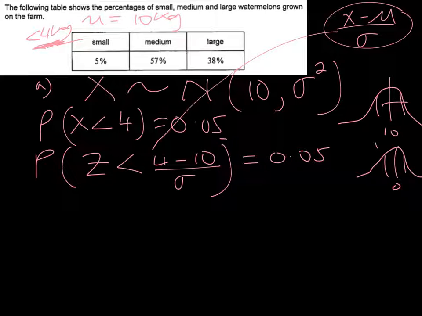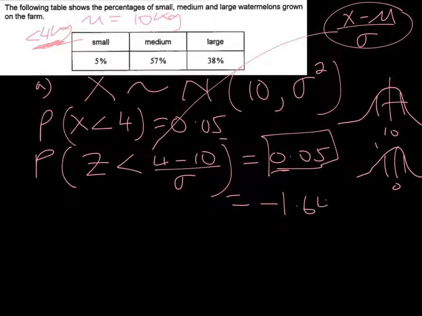Now with my calculator, I can find the inverse normal for 0.05, and that gives me a value of negative 1.645, which makes sense because the mean is 0, so the area in this tail would give a negative value.